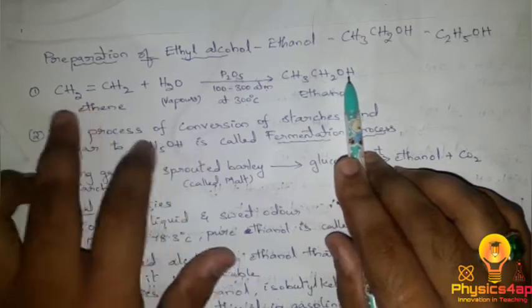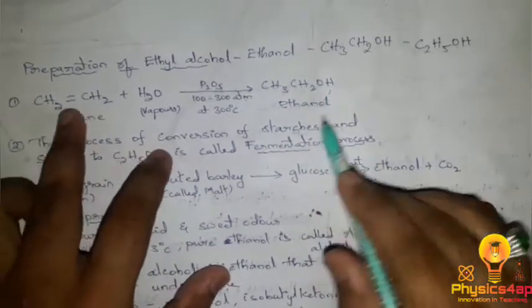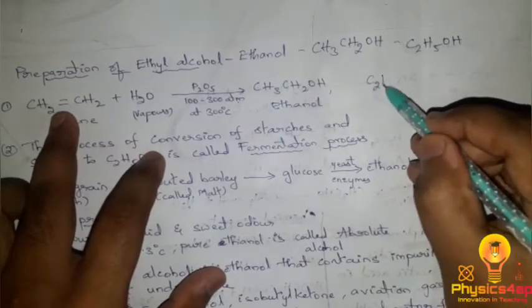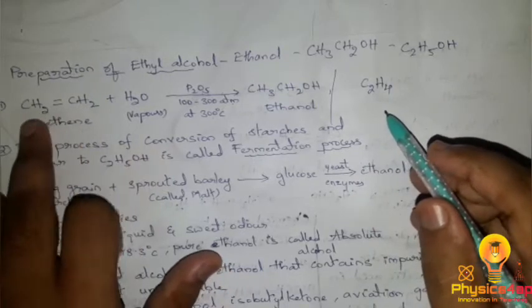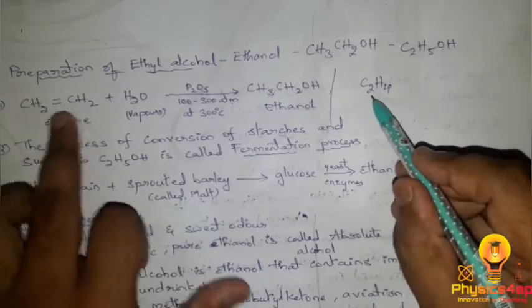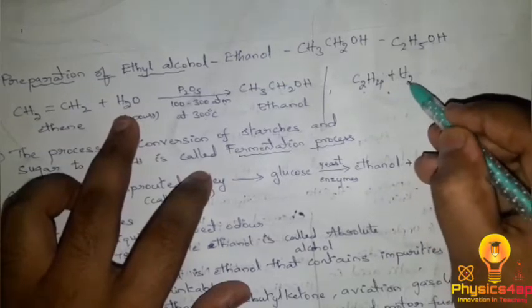CH3CH2OH, or simply we can write this equation as C2H4, as 2 carbons are there, so C2 and H4. When it combines with H2O, already we have C2 here.